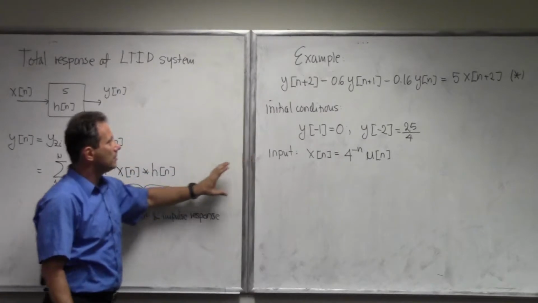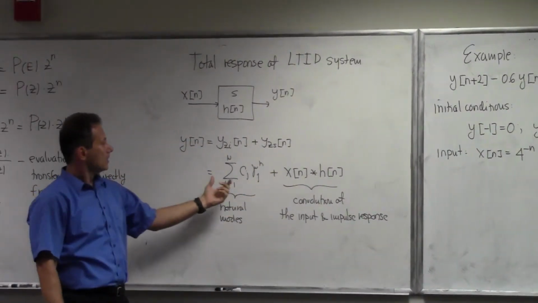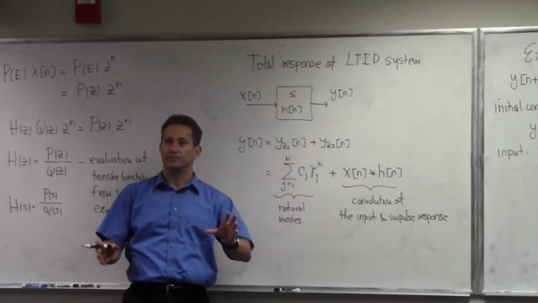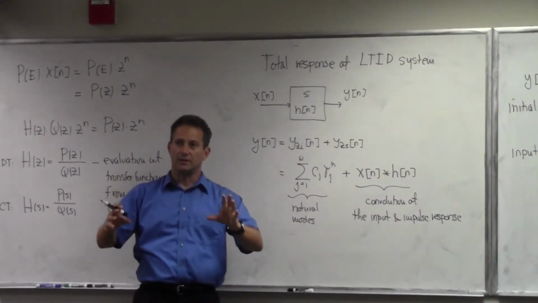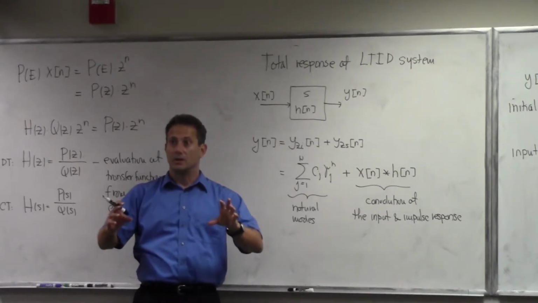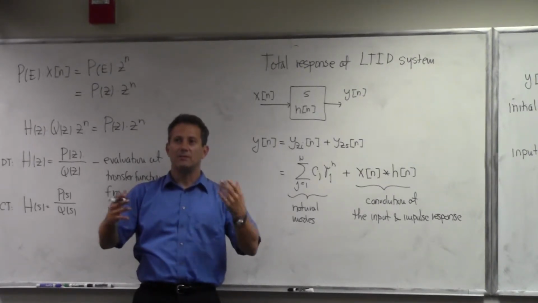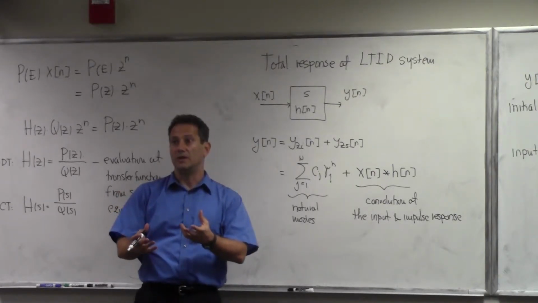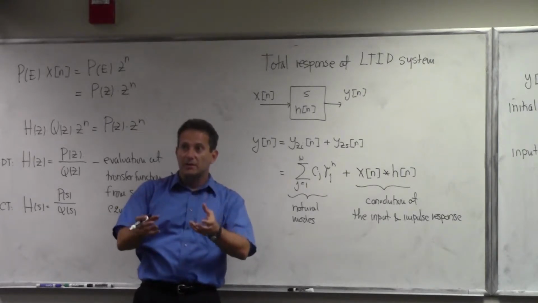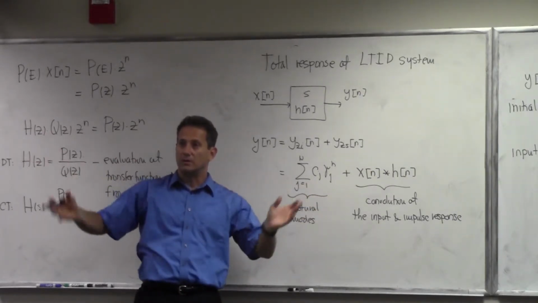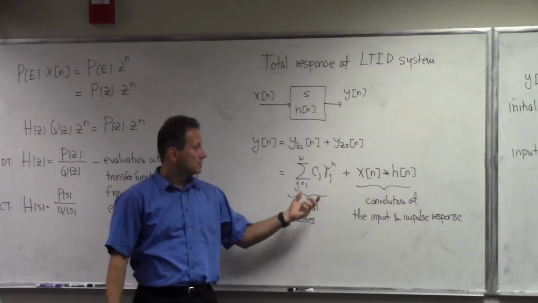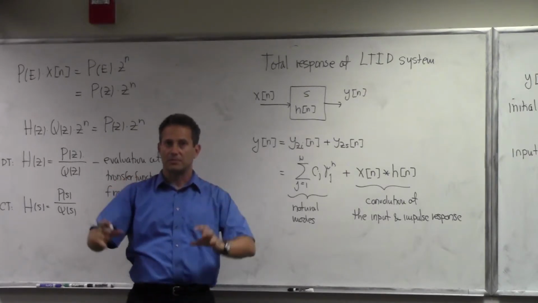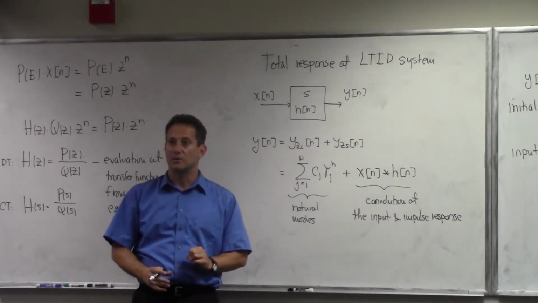Remember how the systems respond. Based on the analysis we did, we said if the system has energy, it will always ring using its natural modes. But there's infinitely many ways how the energy can be given to the system at time n equals 0, right? It may be barely moved. It may be at many different states. What this tells us is whatever was the state, it's going to be responding as a superposition of the natural modes.